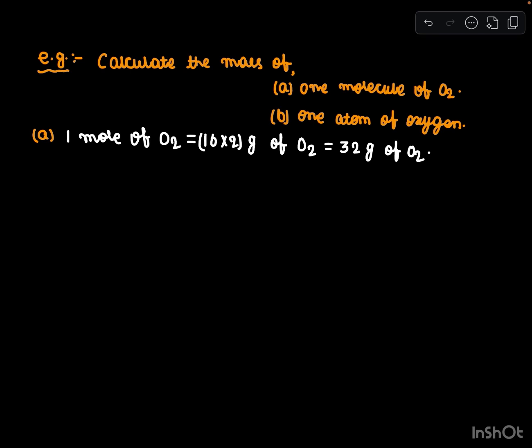Okay, 1 mole of oxygen is equal to 32 gram of oxygen. Now, as we know that 1 mole of oxygen is equal to Na molecules of oxygen.